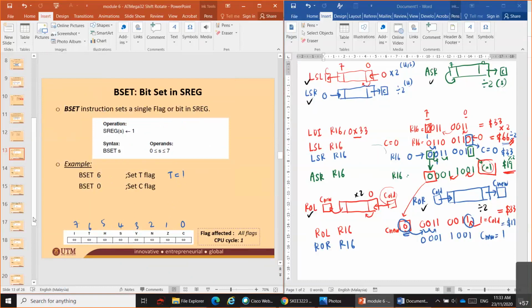If you put BSET 0, bit 0 belongs to the C flag, so C equals 1, which is equivalent to SEC. So this is what BSET does, telling the CPU to set a single flag in your status register.